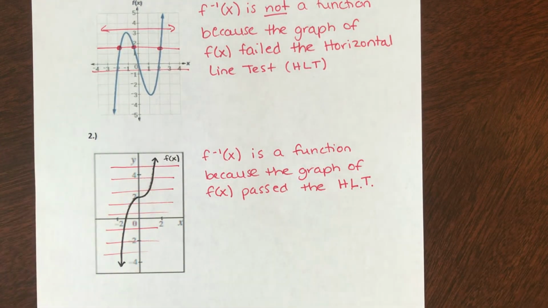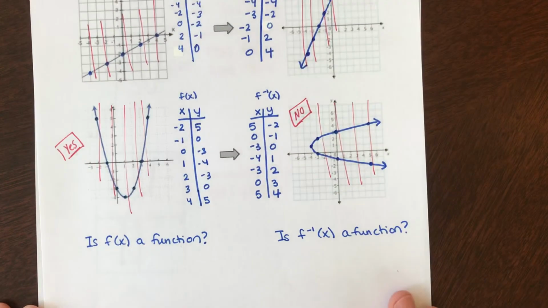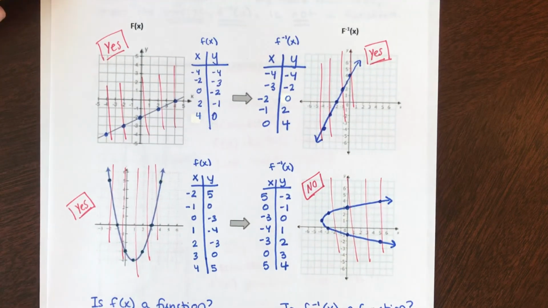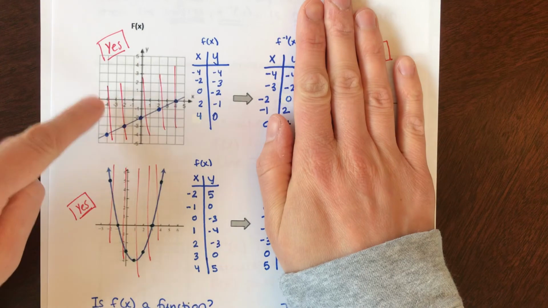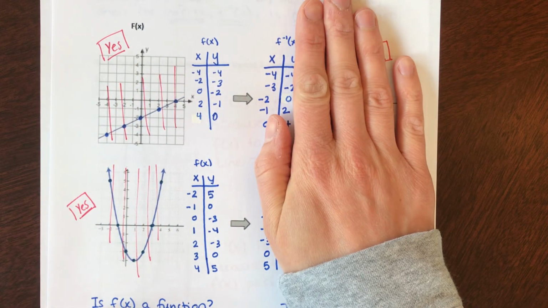All right, so if I give you a graph of f of x and I ask, is its inverse a function, just use the horizontal line test to determine that. If I go back to those original two problems, if I covered up the graph of the inverse and asked, does this pass the horizontal line test?